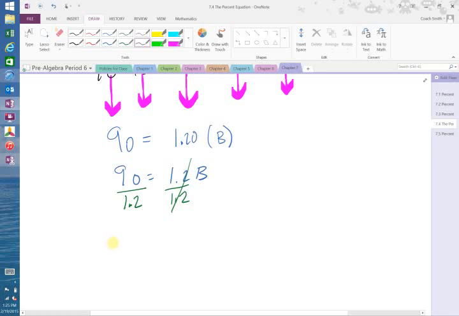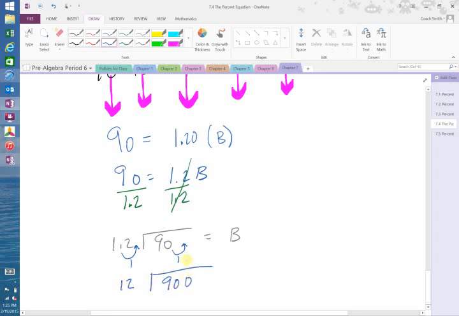Okay, so I have 1.2 into 90 equals b. So I have to move the decimal one place to the right, and that's 12 into 900.